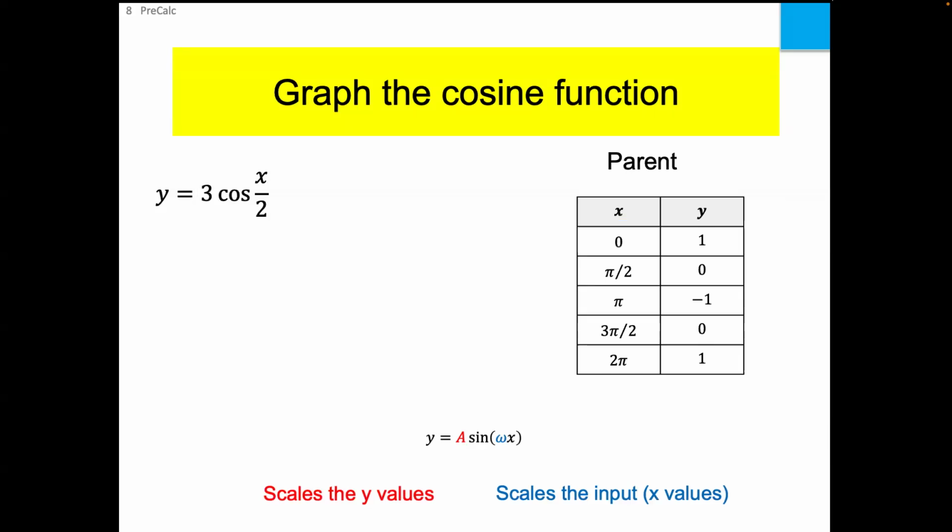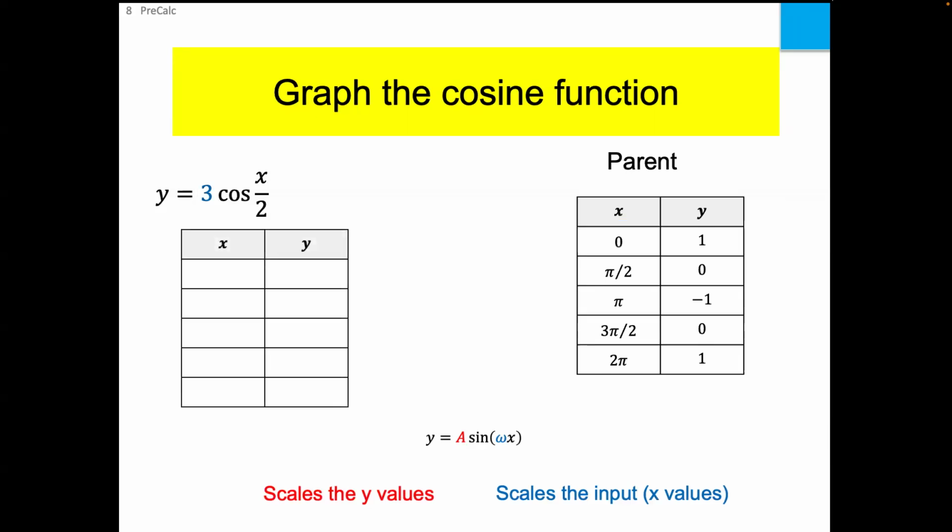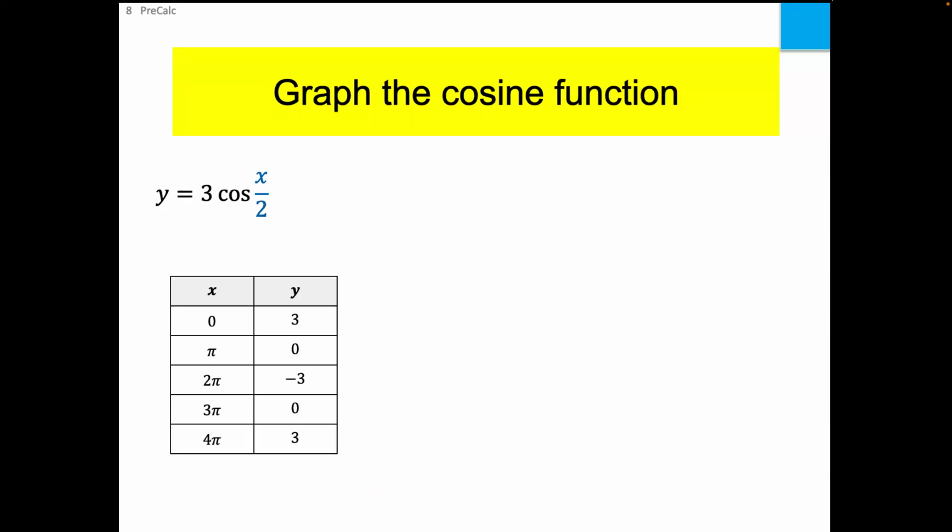We take the y values, we multiply by 3, and then we take the x values and we multiply by 2. So that would be 0 multiplied by 2, which would be pi, 2 pi, which would be 3 pi, and then 4 pi. There you go. I'll leave that up there. And that's it. And then we graph that.